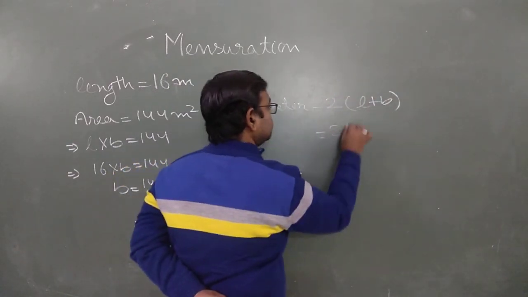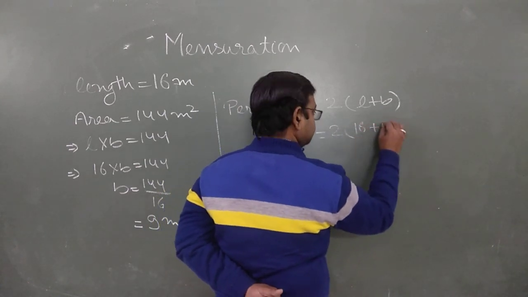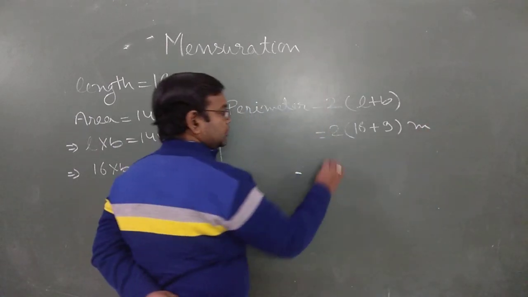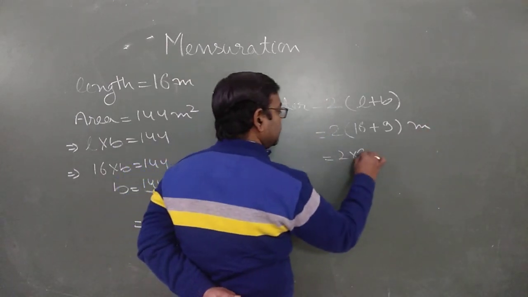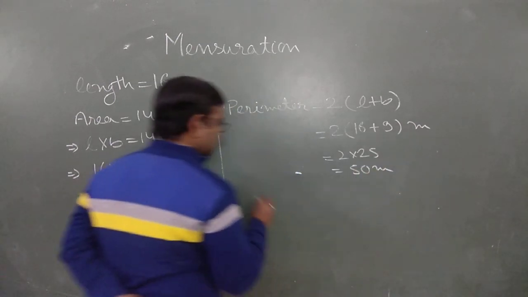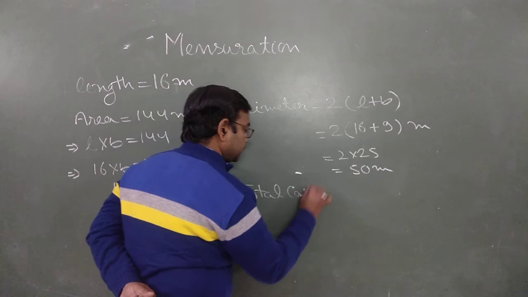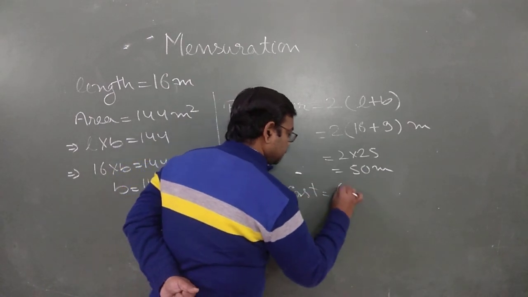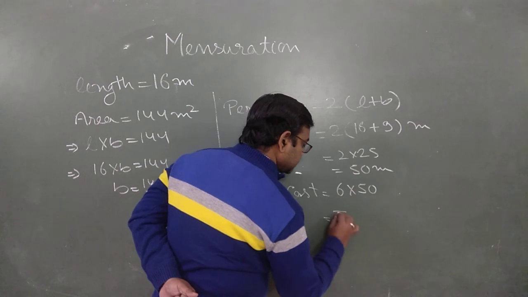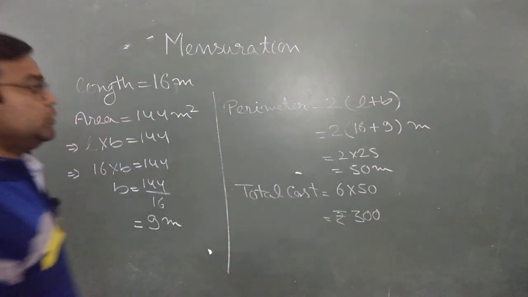Here L is 16, B is 9, and the length is the perimeter. So 2 into 25, it's 50 meter. Total cost, it's rupees 6 into 50, it's rupees 300. So this is your answer.